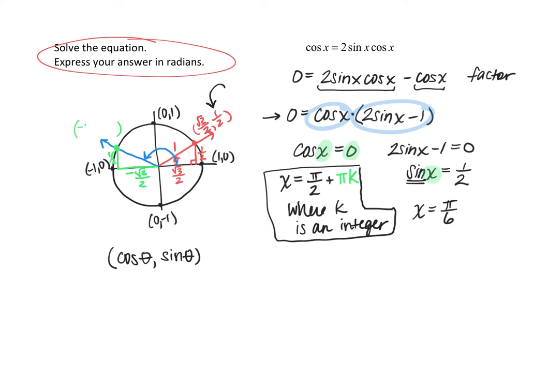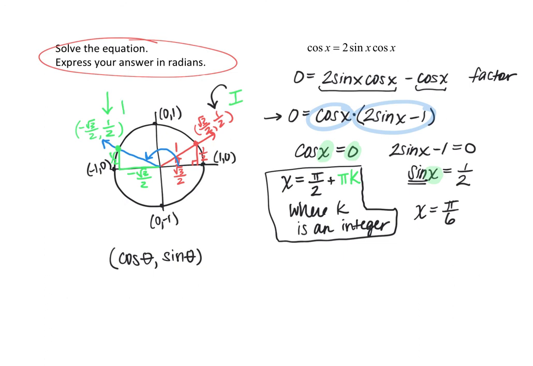So this coordinate is negative rad 3 over 2, comma 1/2, and you see the sine value is still 1/2. The y value will be positive not only in the first quadrant, but also over here in the second quadrant. So therefore, we need to find this large angle, this angle I'm demonstrating in blue, but yet the reference angle here is still pi over 6.